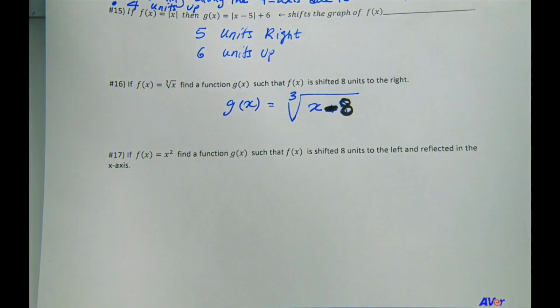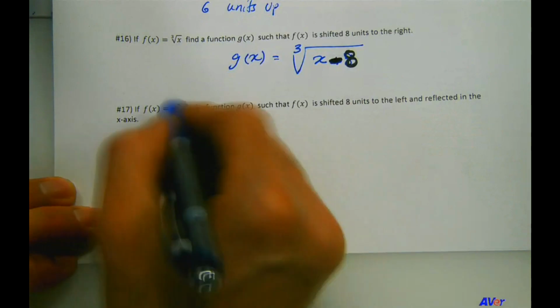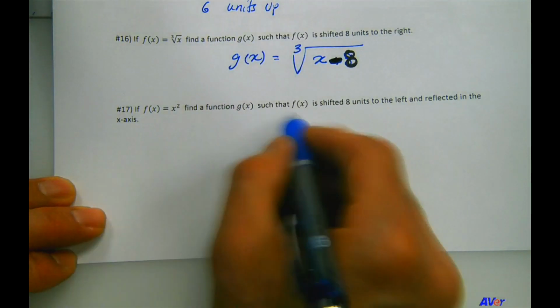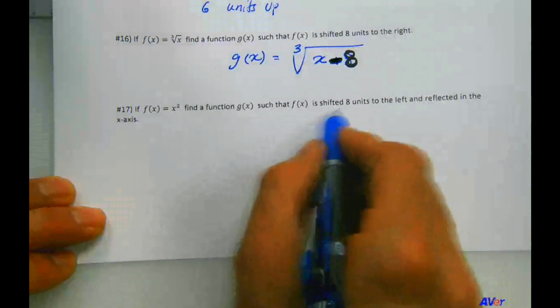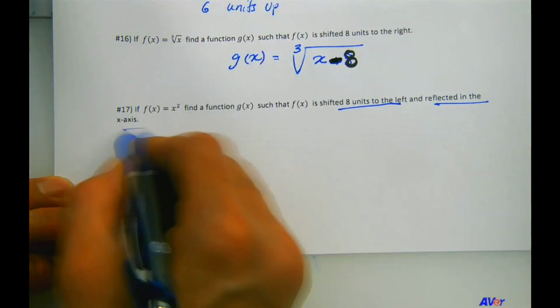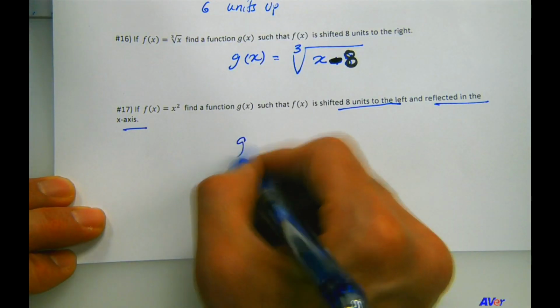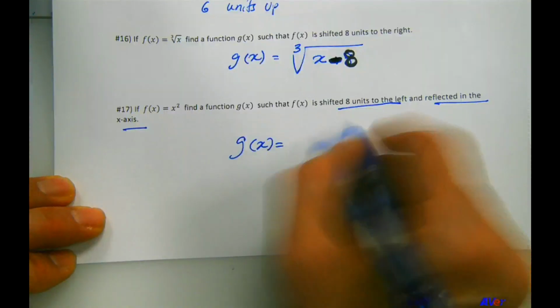Okay, that's that. And number 17, we have the quadratic function, and we want it moved or transformed or shifted 8 units to the left and reflected in the x-axis. So g of x would have to be minus, right?